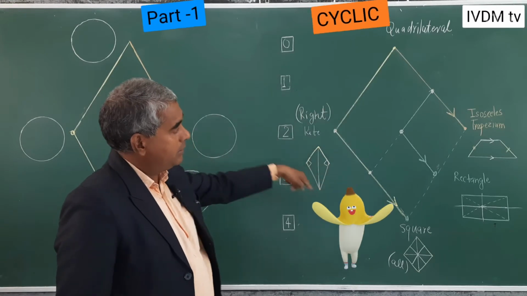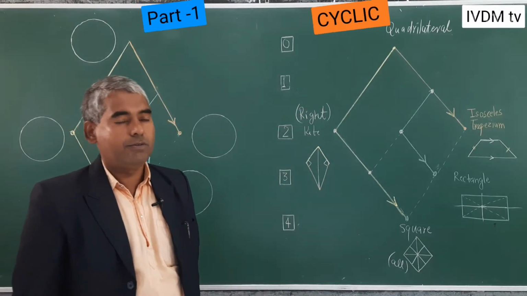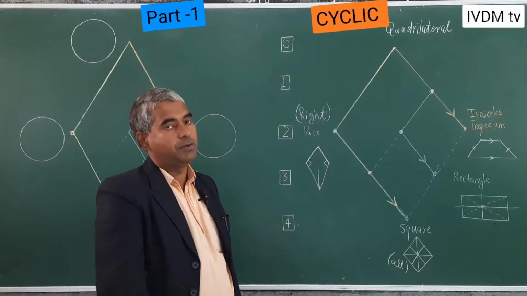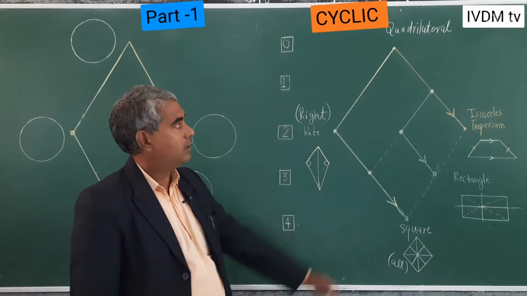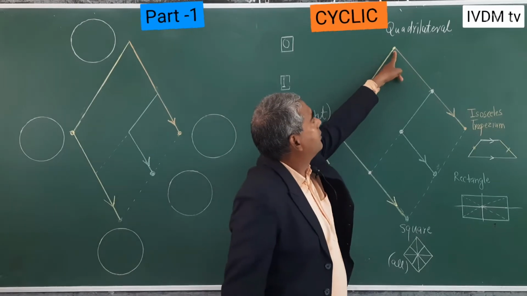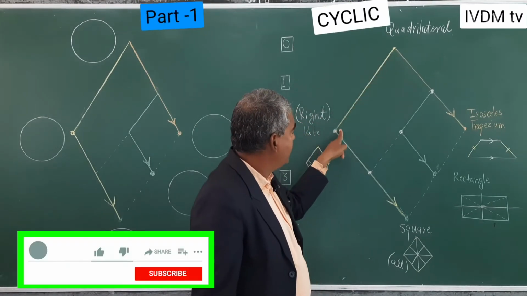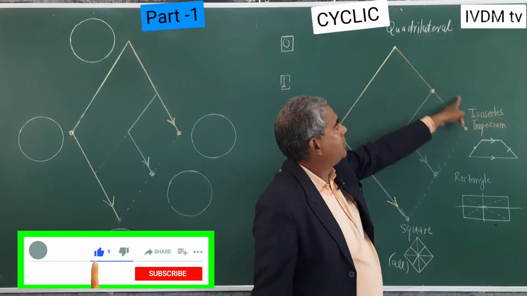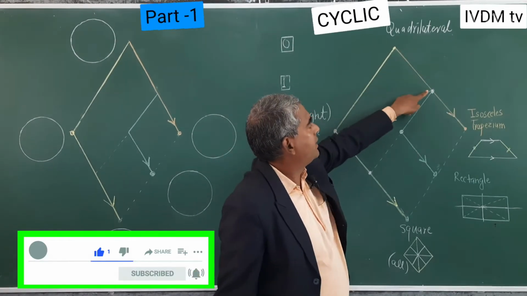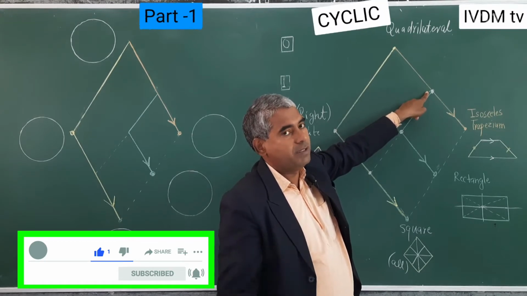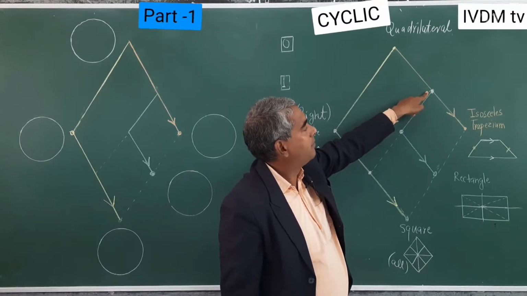So this is the chart which I generally use in my other videos about quadrilaterals. Quadrilaterals have two types, based on the adjacent sides and based on the opposite sides. For opposite sides, here is the trapezium. In my earlier videos, the link is given in the description.